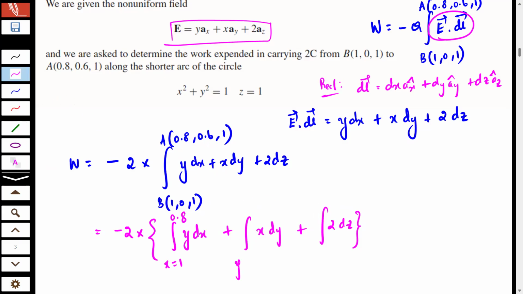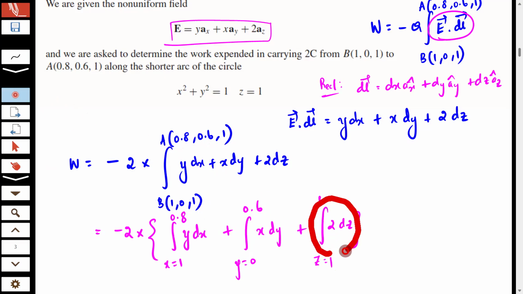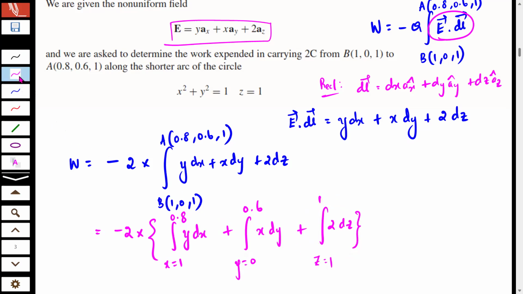So the y limit is 0 to 0.6 and the z limit is 1 to 1. We need not integrate z because the lower and upper limits are the same. That will make this entire integration 0. So this can be made 0.